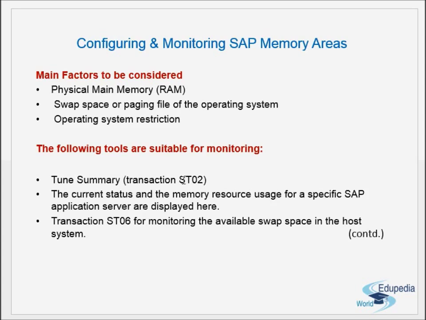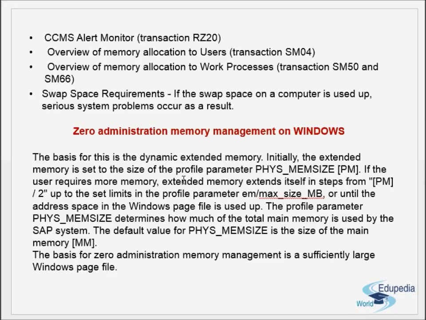The current status and the memory resource usage for a specific SAP application server are displayed here. The transaction ST06 is used for monitoring the available swap space in the host system. So operating system related memory you can see from ST06.